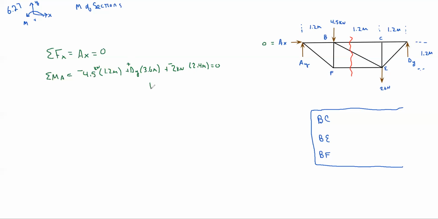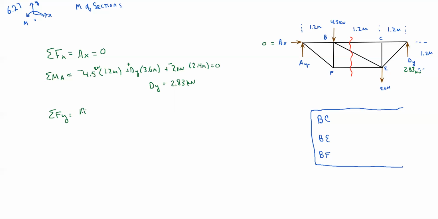Solving for DY, we get 2.83 kilonewtons. I'll go ahead and fill that in real quick, which should allow us now to get the summation of the forces in the Y direction.